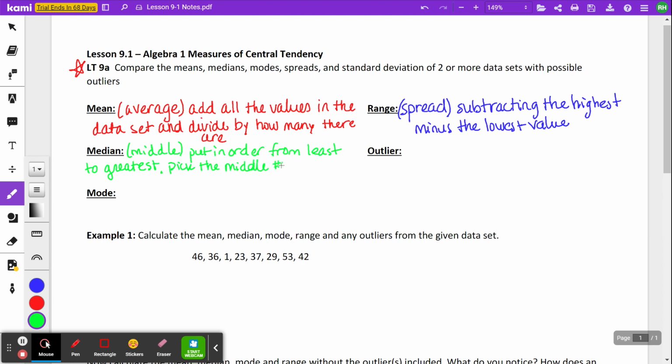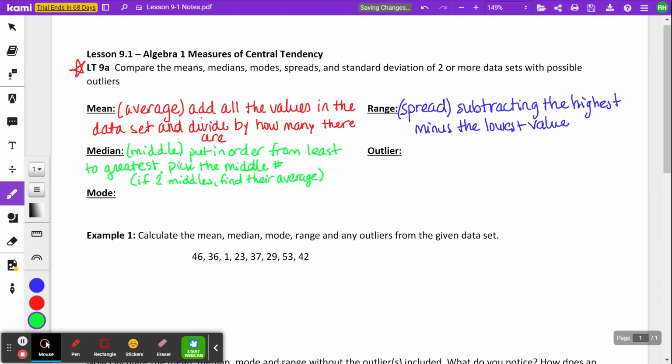Now, if there happens to be two middles, like if there's an even amount of data values and there's not actually a true middle one, then you need to find the average of those two. So if two middles, find their mean or their average. So you would add the two together and divide by 2.